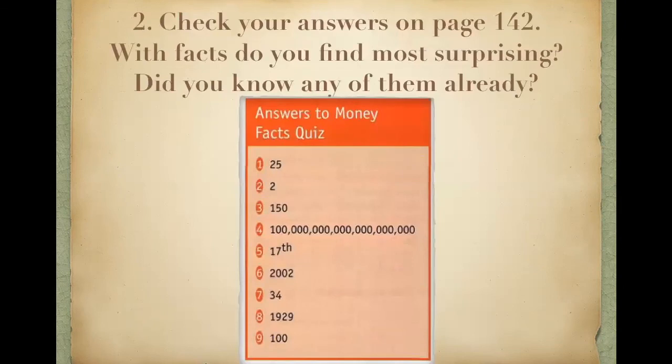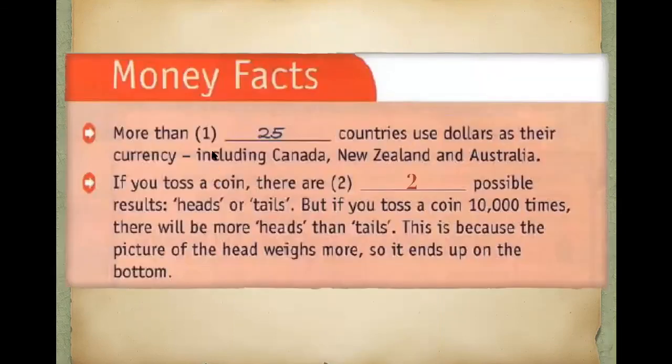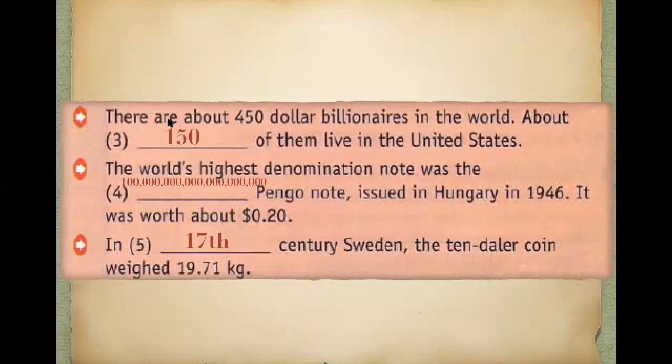And the answers are this. More than 25 countries. If you toss a coin, there are 2 possible results. There are about 450 billionaires in the world. About 150 of them live in the United States. The world's highest denomination note was the quadrillion pengo note issued in Hungary in 1946.